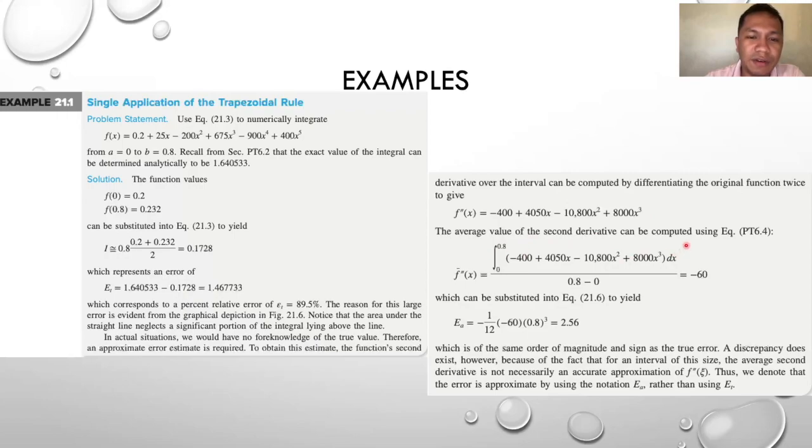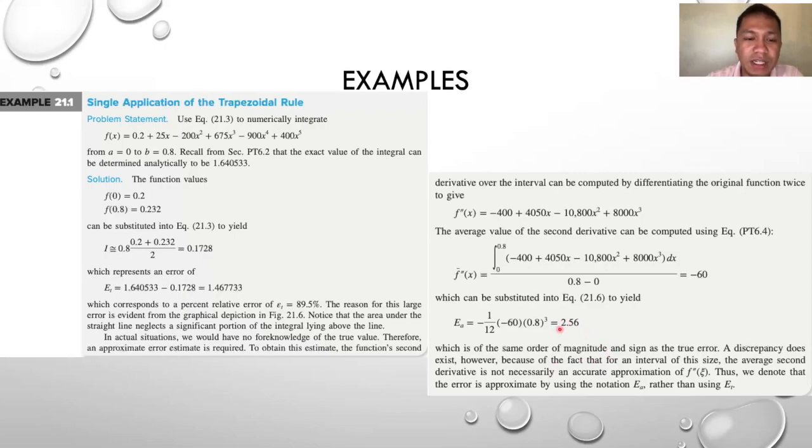Doing the average of the second derivative will give us negative 60, which can now be substituted to yield our EA is equal to negative 1/12 times negative 60 times 0.8 to the power of 3, which gives us 2.56, which is the same order of magnitude and sign of the true error.